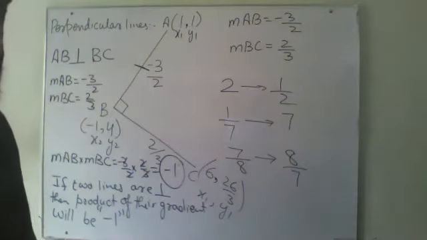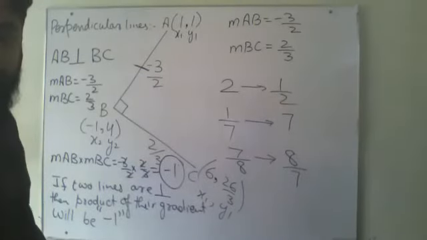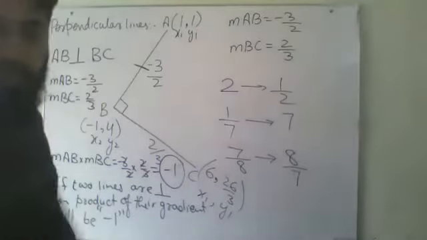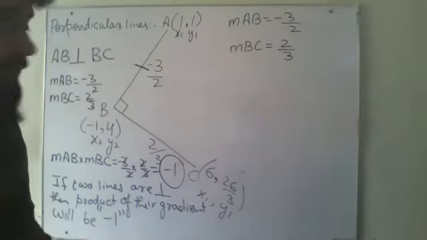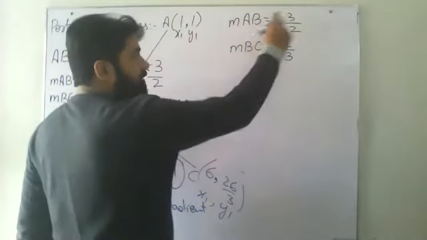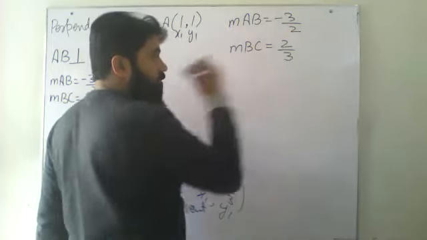Now, coming back to my question, which we were having over here, if I compare these two: the gradient of AB is minus 3 over 2, the gradient of BC is 2 over 3.